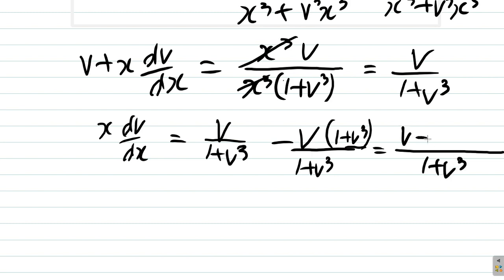So you have v minus v(1 plus v cubed). So x dv by dx equals what now?